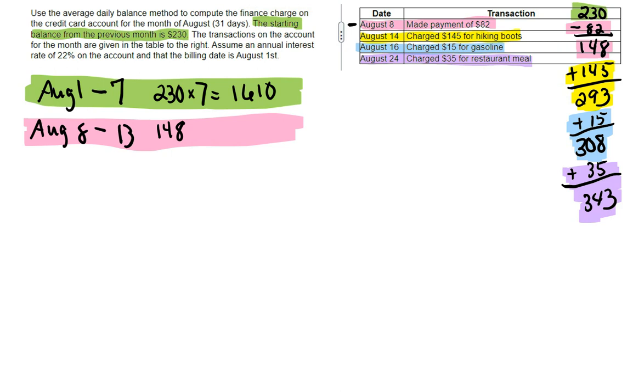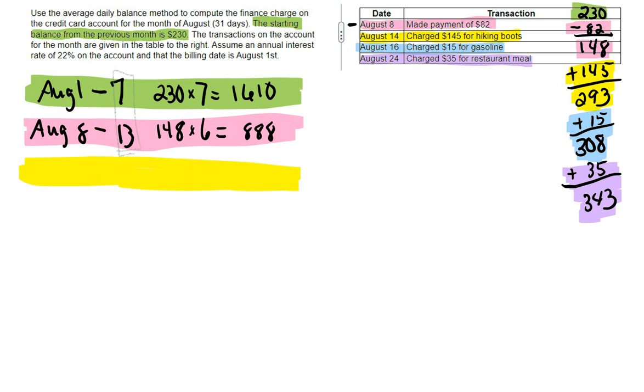The quickest way to figure out the days is to just subtract 13 minus 7. 13 minus 7 is 6. Or you can sit here and go 8th, 9th, 10th, 11th, 12th, 13th on your fingers, and that'll be 6 days. So I multiply that. 148 times 6 is 888, which brings me to the yellow information.